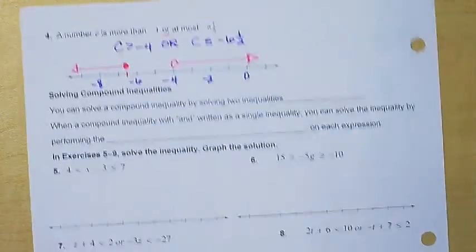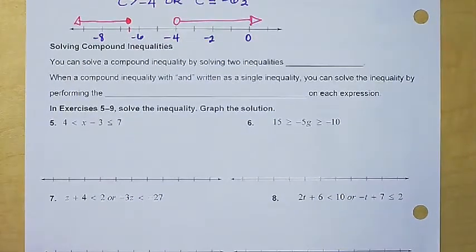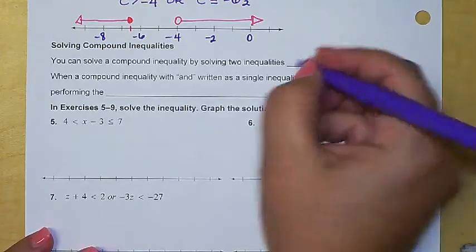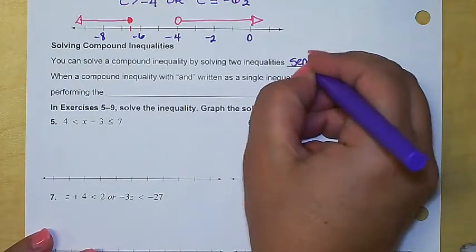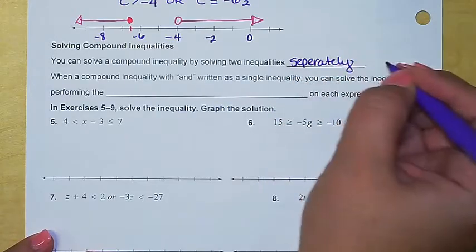Okay. All right. So let's talk about solving compound inequalities now that we know what those are. It says you can solve a compound inequality by solving two inequalities separately. Okay.